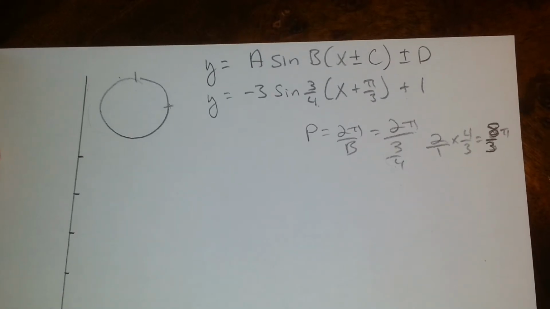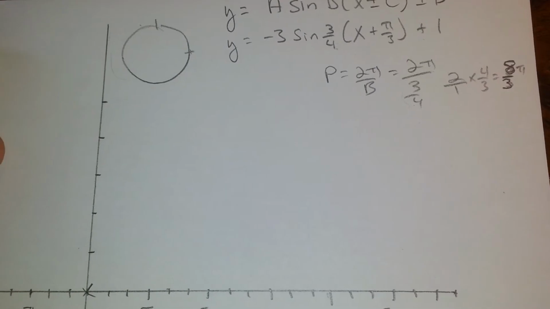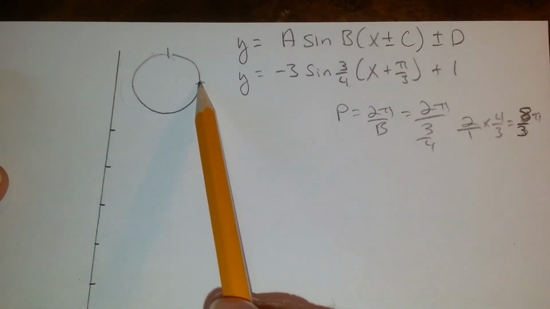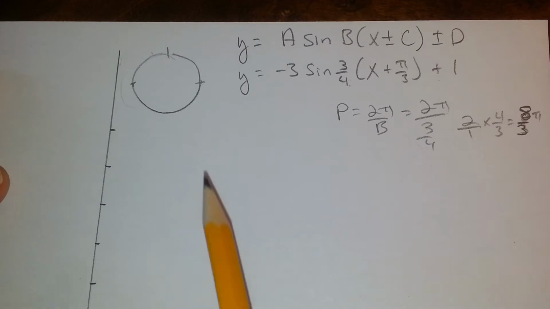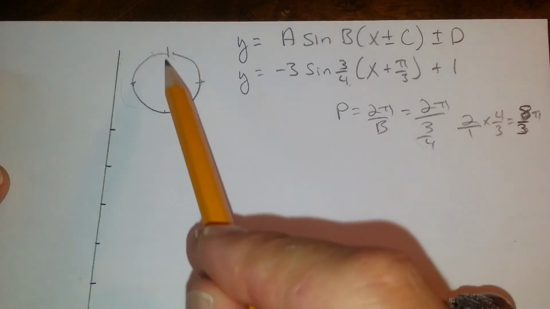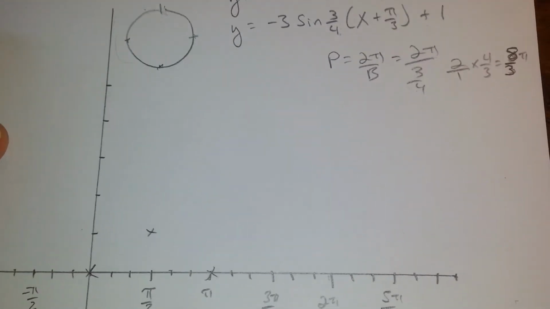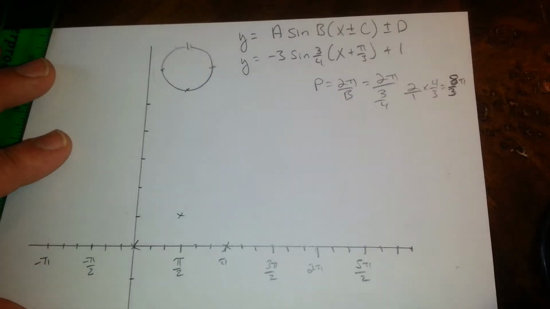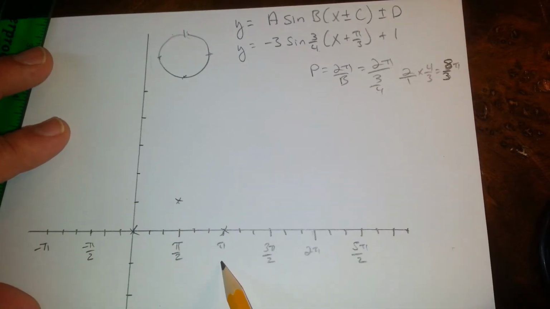Okay, so the sine graph, remember, sine is 0 where? At 0 and at pi, and it's 1 and -1 at pi halves and 3 pi halves. So you can see it's 1 at pi halves and -1 here.